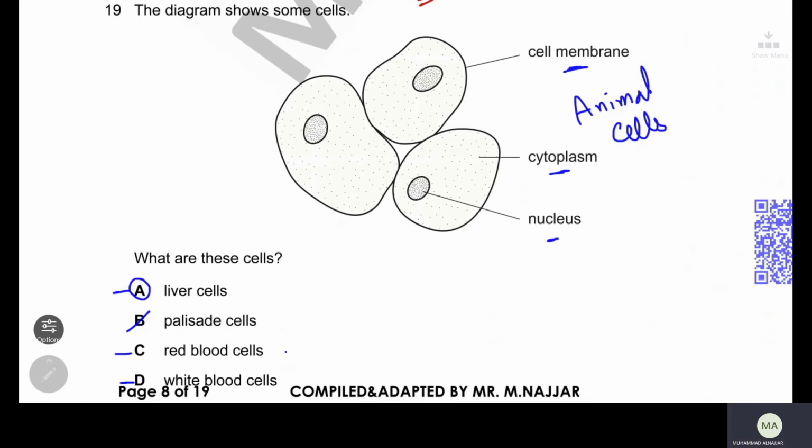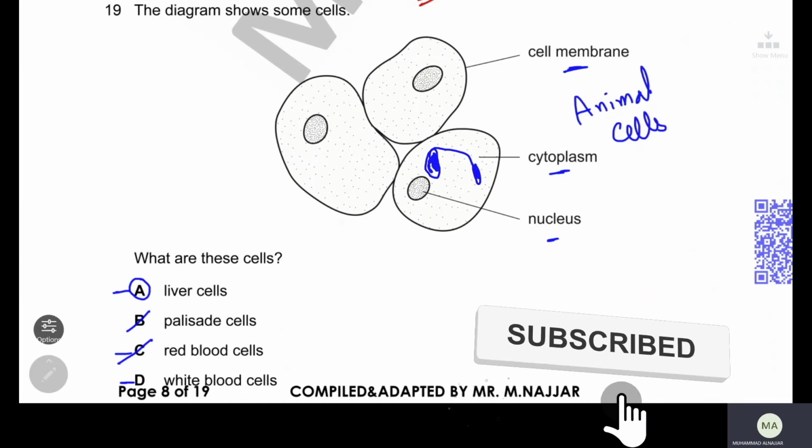Red blood cells do not have a nucleus and these have a nucleus, so we exclude red blood cell. White blood cells have different sorts and shapes of nucleus, lobed and made up of more than one part. They are characterised by multiple nuclei, so we will not choose this either.